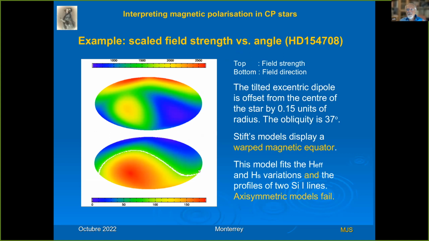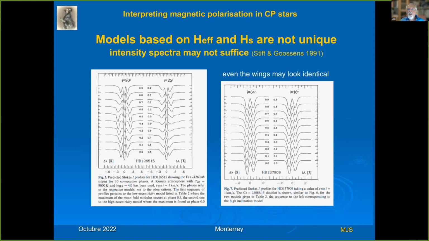It's no longer this straight equator, but it's warped. If you try to fit anything with axisymmetric models with this star, of course it fails. So you have to have non-axisymmetric models. It might be such a dipole or something more complicated.